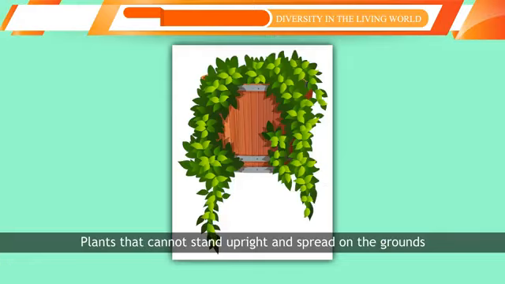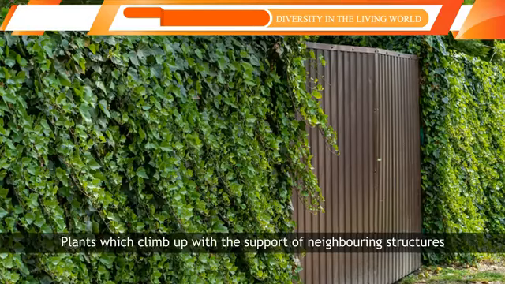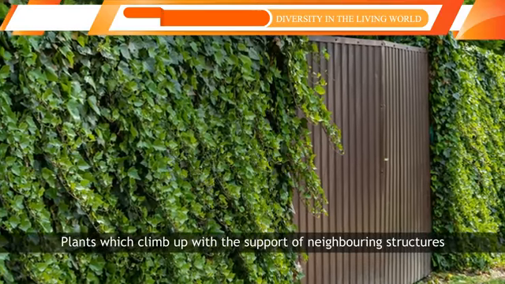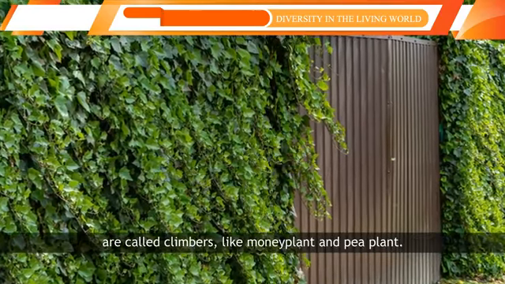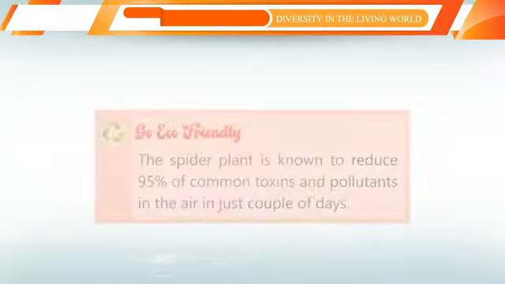Plants that cannot stand upright and spread on the ground are called creepers, like mint and gourd plants. Plants which climb up with the support of neighboring structures are called climbers, like money plant and pea plant.